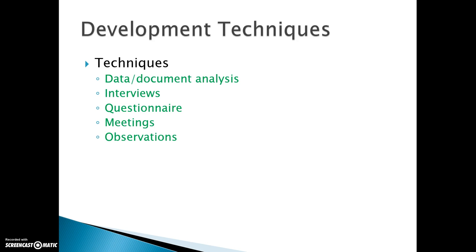Questionnaires, very good overall to get a brief idea of what is happening. However, people can tend to just tick all boxes for the sake of it. Meetings with management and observations. So these are the techniques for doing an investigation.